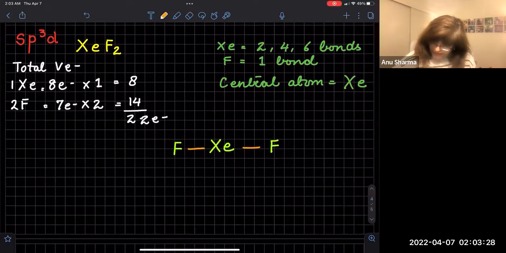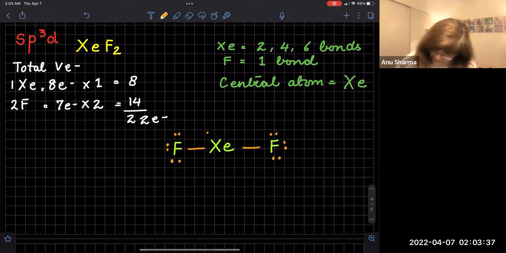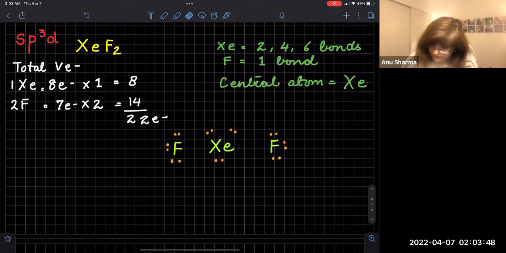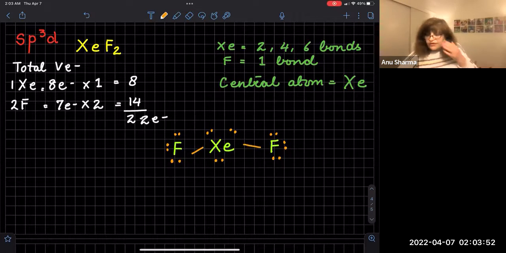First put 1, 2, 3, up to 18. It's not going to be linear, though. It will be a little bit bent. That is the Lewis structure of xenon difluoride.